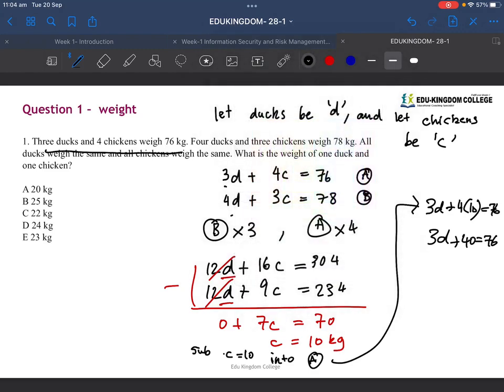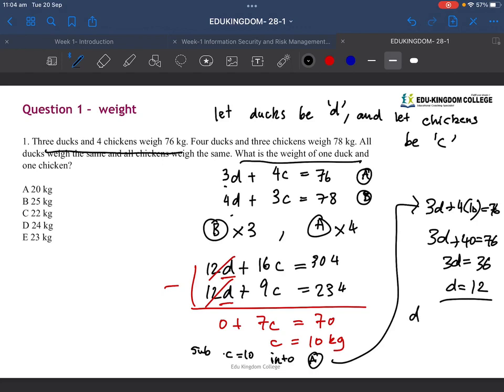Then 3D must be, minus 40 from both sides, 36, and therefore D is going to be 36 divided by 3. What's that? 12. And so now that we found the duck's weight, okay? And what is the question? We don't end it there. The question asks, what is the weight of one duck and one chicken?